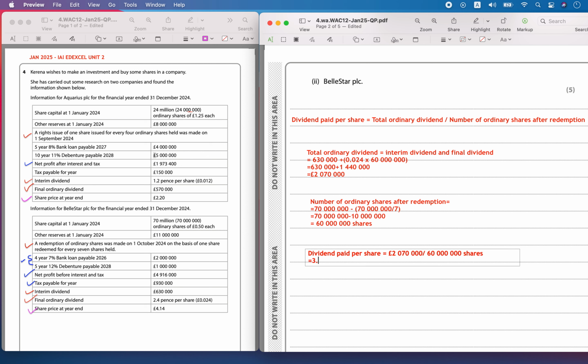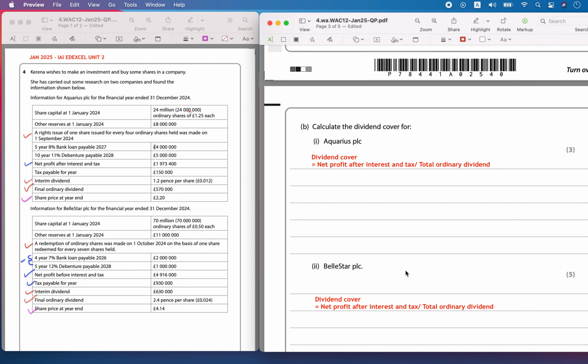So that is equal to 3.45 pence per share, or 0.0345 pounds. You can write it in terms of pounds or pence per share. So this was the dividend given to the shareholders, 3.45 per share.